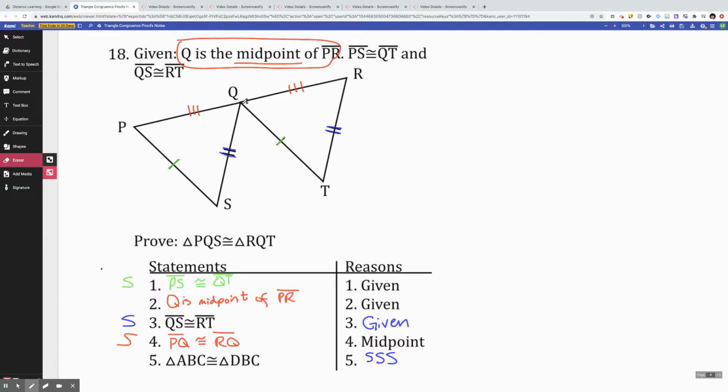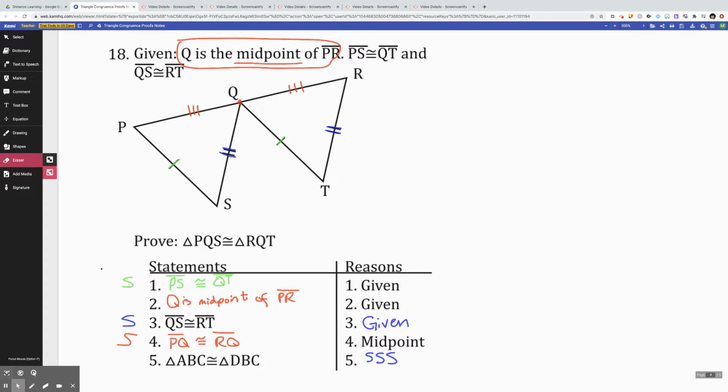So if Q is the midpoint of PR, then that means that the two parts are congruent. That's what a midpoint is. It's the definition of a midpoint. So I marked those with my congruence markers, and I have my third side. When I'm writing this out in a proof, though, I can't immediately jump to PQ is congruent to QR, right?